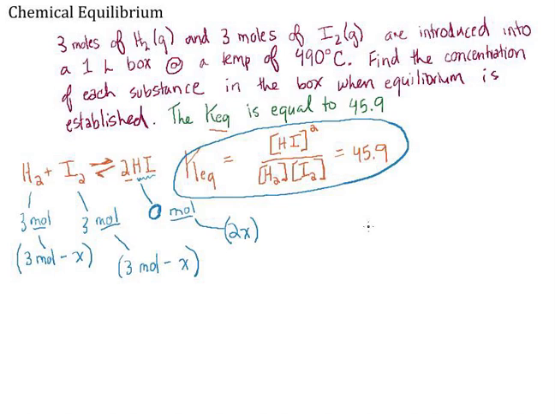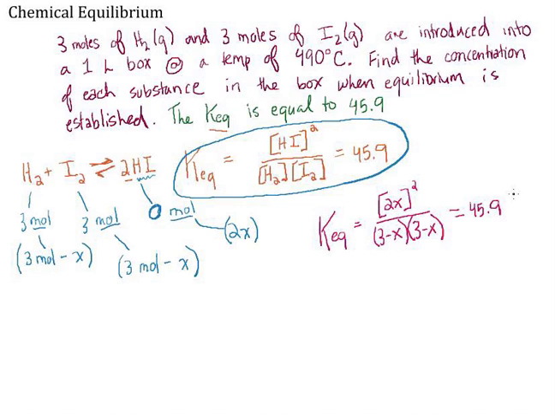So now I can plug that information back into my original equation. Let's do that. Keq equals 2x squared over essentially 3 moles minus x times 3 moles minus x, equals 45.9.